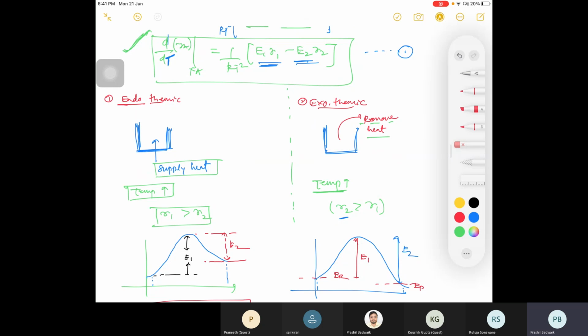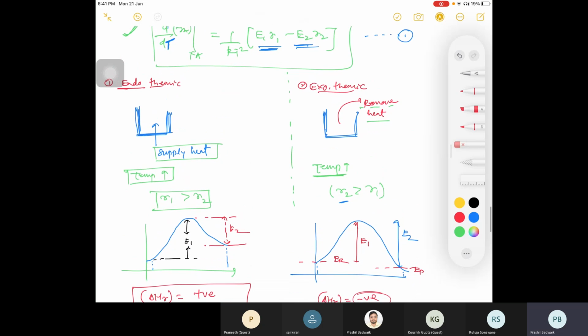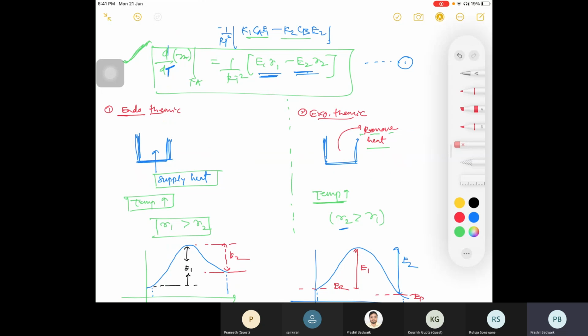And there is another reason. We can say that yes, what you said earlier is correct, that your variation will be there and a condition should come there. But if you look at this equation 1, what you are getting, it is saying, and we have proved mathematically that for R1 greater than R2 and E1 greater than E2 in case of your endothermic reaction, clearly your curve will not decrease, right?